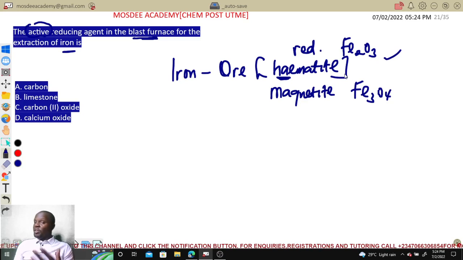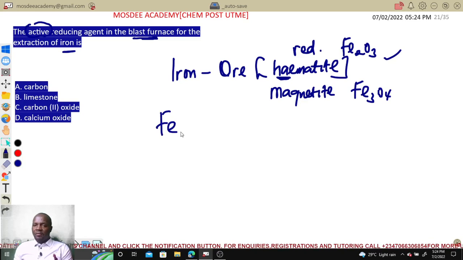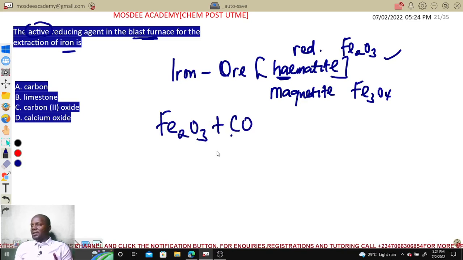All contain a lot of impurity. You guys know that. I told you one thing about chemistry or chemist, or alchemist as we call them, is to make sure that impurities are washed away. So the impurities in this one are reduced by reacting hematite, Fe2O3, with carbon monoxide. That is the first step.